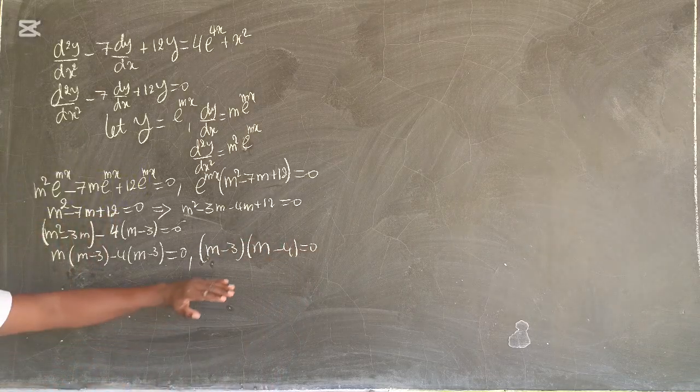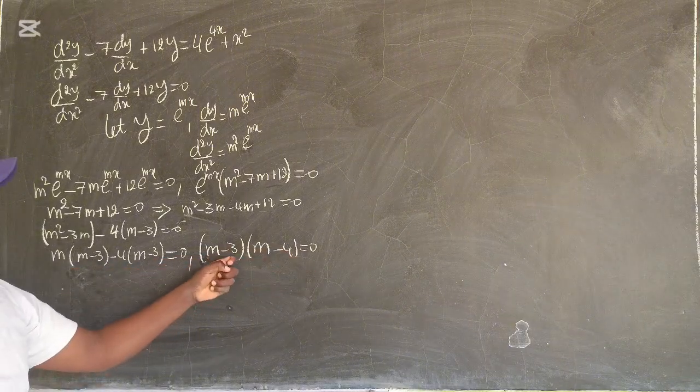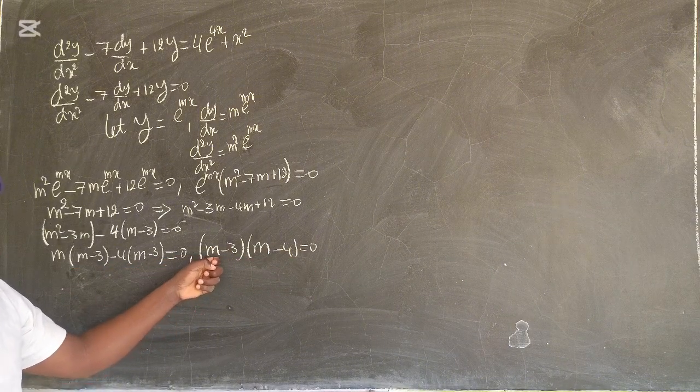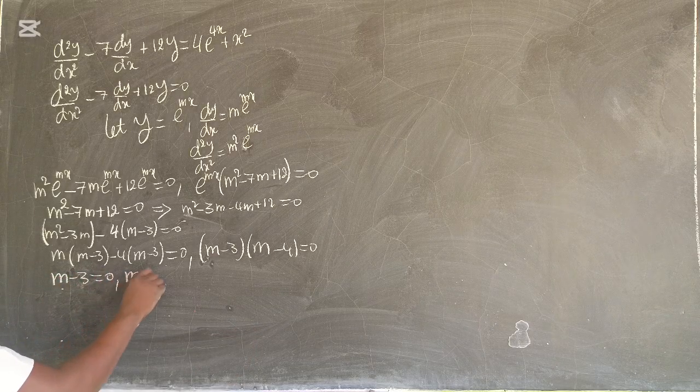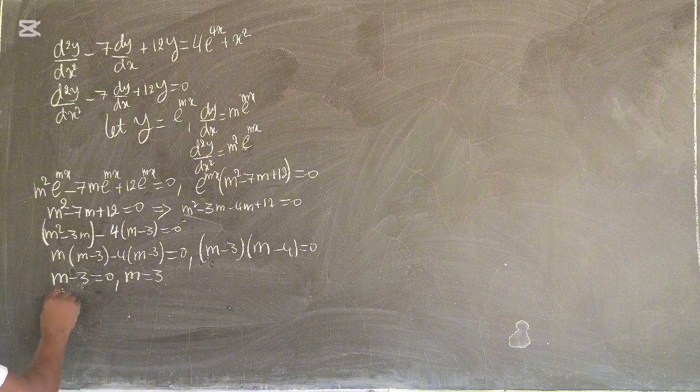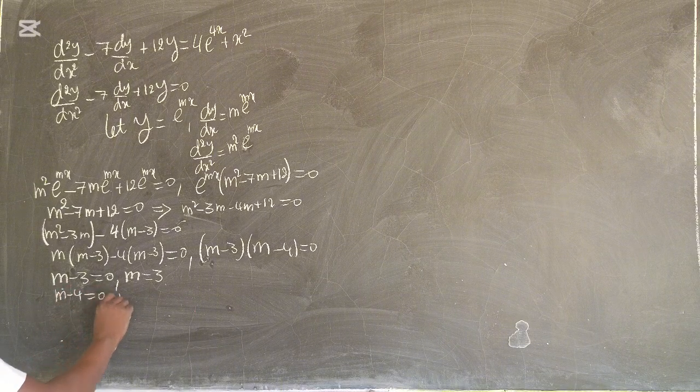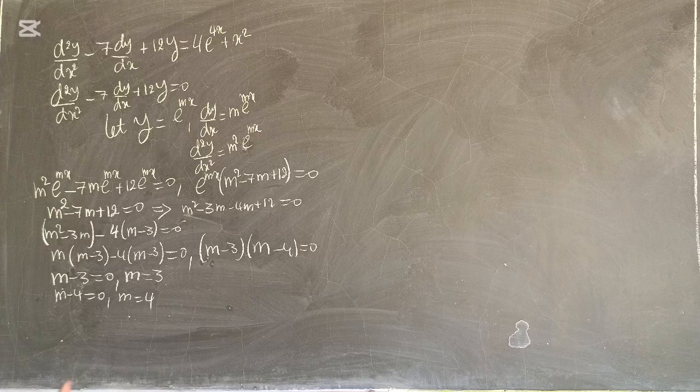It is clear that for this to be 0, the first factor must be 0, or the second must be 0. We have m minus 3 which is 0, so m is equal to 3. m minus 4 which is 0, so m is equal to 4. Let's hope everything here is clear.